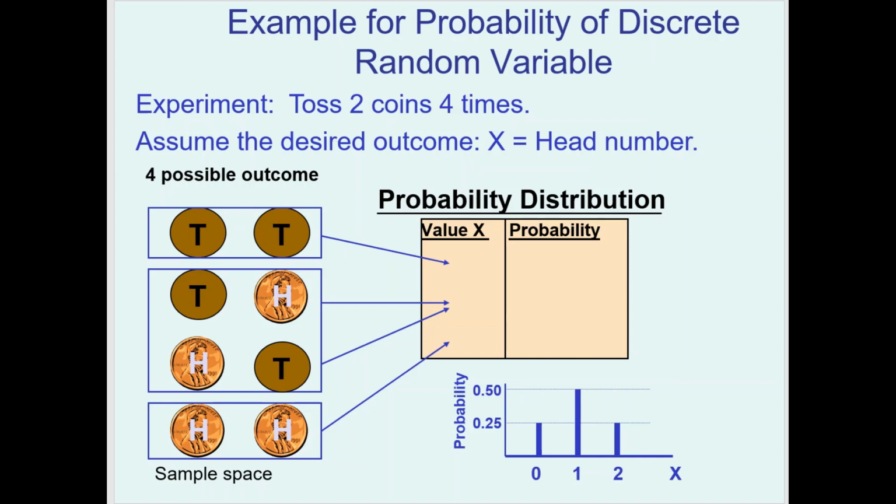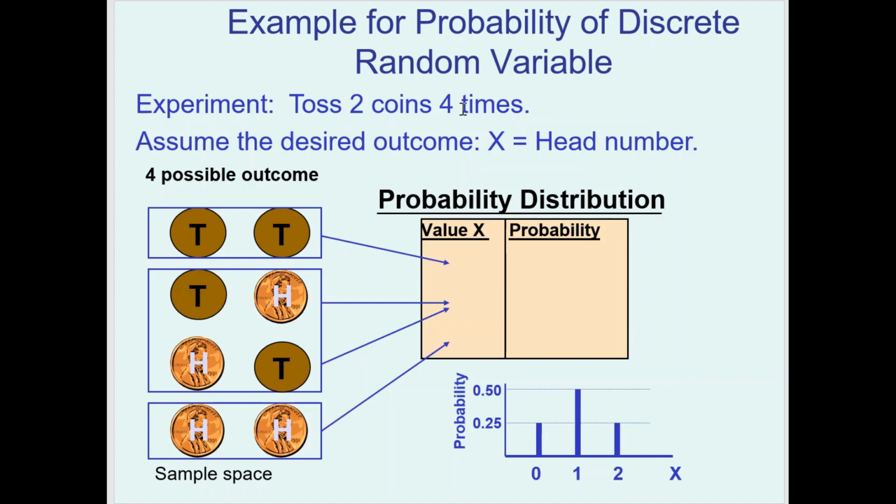So there must be 4 possible outcomes because we toss the 2 coins 4 times. We know that a coin has 2 surfaces, so the first one will be tail and the other one the head. These are the two possible outcomes of a coin, and now we toss it 4 times.